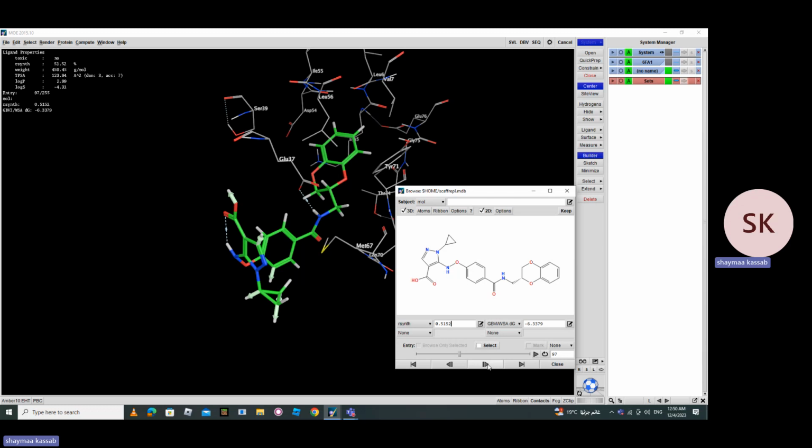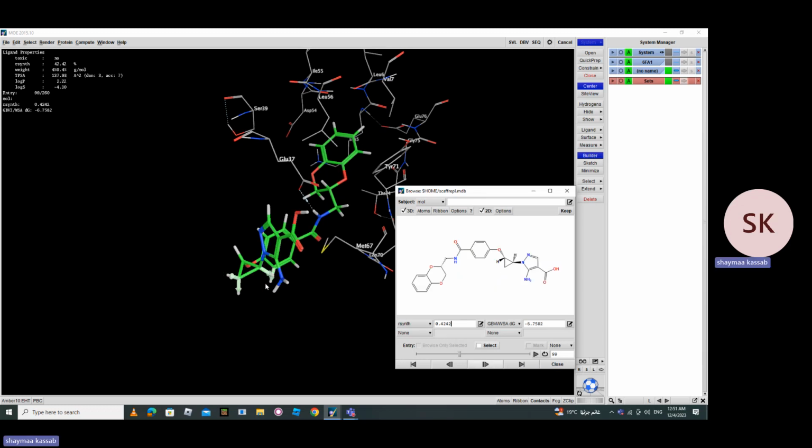Yeah, here we have a 51 score, which is nice, but it didn't form the bonding force we planned to. It made an internal hydrogen bond, but it failed to form a bonding force with serine, glutamic acid, methionine, or glutamine.